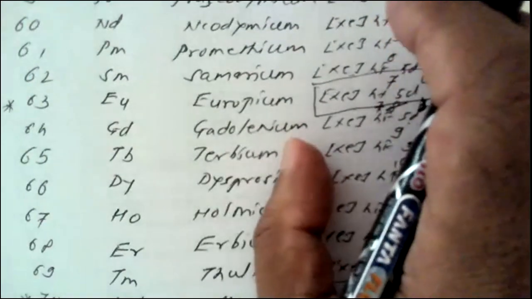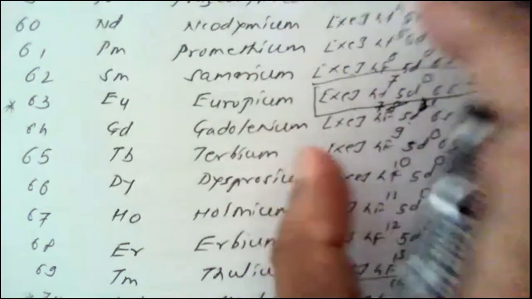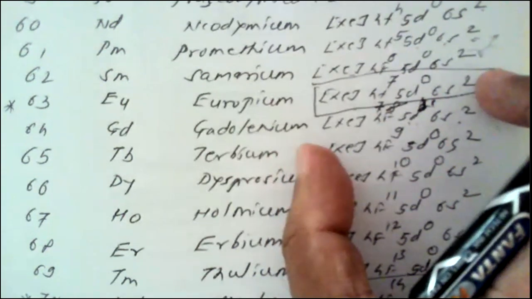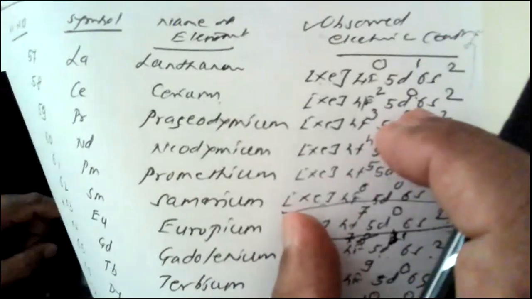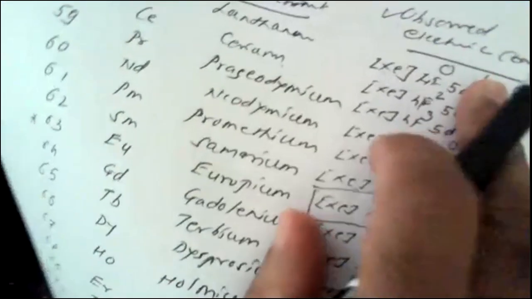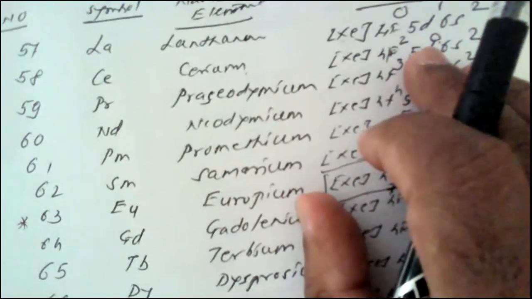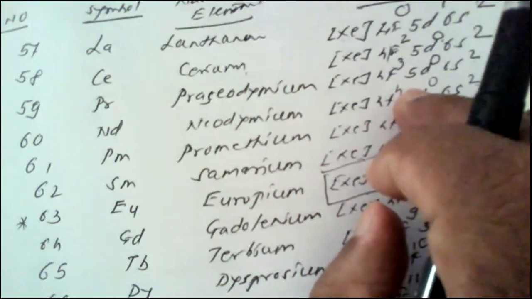So you should not be confused; you have to consider only the observed electronic configuration. If you try to write the ideal electronic configuration, then a lot of confusion may take place. Hence, to have a clear understanding, you should know the observed electronic configuration only.